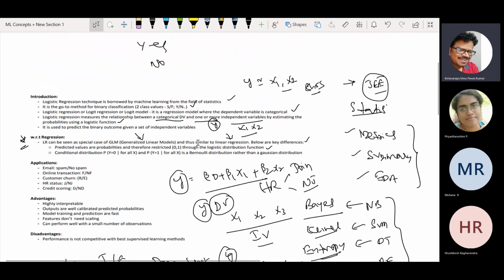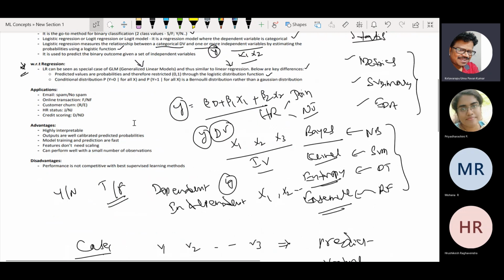Now, guys, just as we have seen 0 and 1, the probability of non-occurrence and occurrence, we have already seen conditional probability in naive Bayes, where the probability of 0 for all x and the probability of 1 for all x is a Bernoulli distribution rather than a Gaussian distribution.